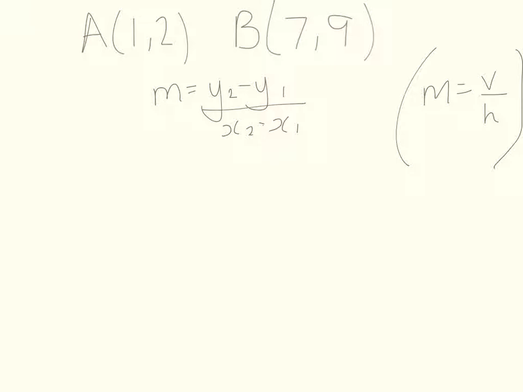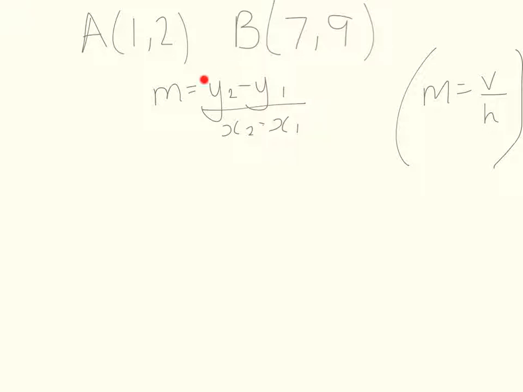So if we were given two sets of coordinates, a and b, the y represents the vertical. So if we find the difference of the y's, we can find out what the vertical change is, and if we find the difference of the x's, we can find out what the horizontal distance is.